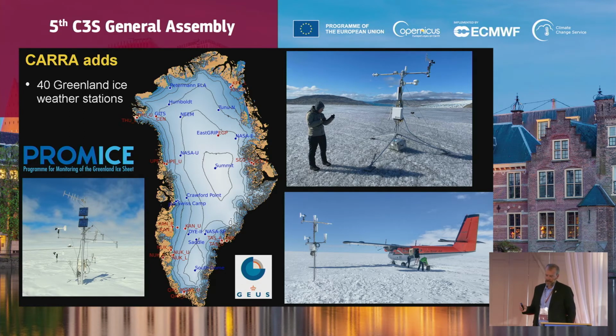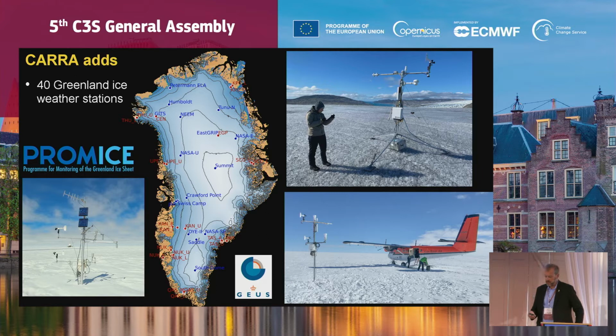The older data are the blue locations, the Greenland Climate Network. And then Denmark began the red areas, the PROMICE network, in 2008. And now Denmark is carrying forward both networks as part of its state activity.